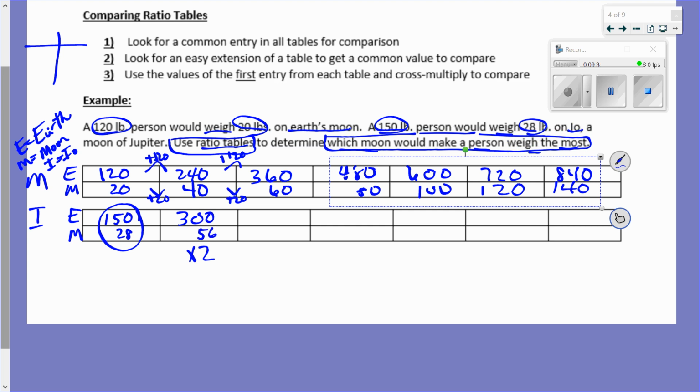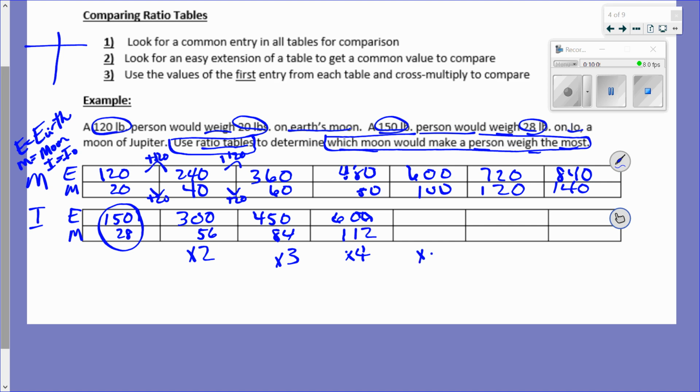So that gives me 356. The next entry I'm going to multiply by 3. But what am I multiplying by 3? That initial entry. So remember, when I'm doing multiplicative relationships, I always come back to that initial one. So we've got 450 and 84. Then I'm going to do times 4. Gets me 600 and 112.